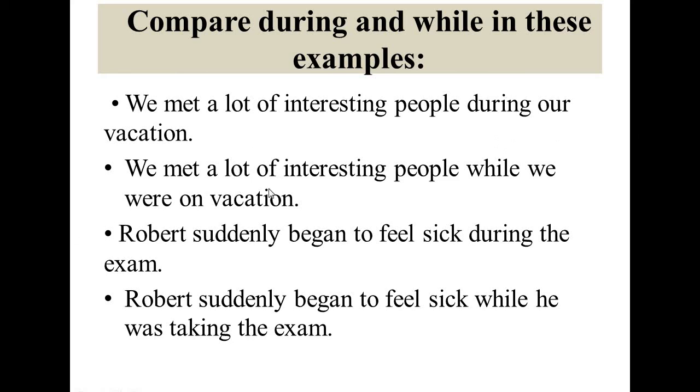We met a lot of interesting people while we were on vacation. So here while plus a subject, which is we. So while plus subject. Why? Because we use while and we cannot use a noun after it, so we use a subject: while we were on vacation.